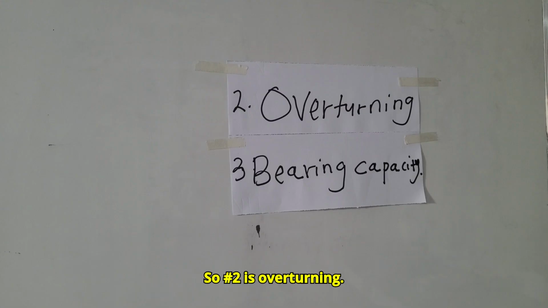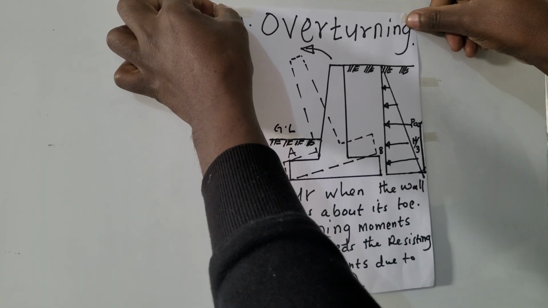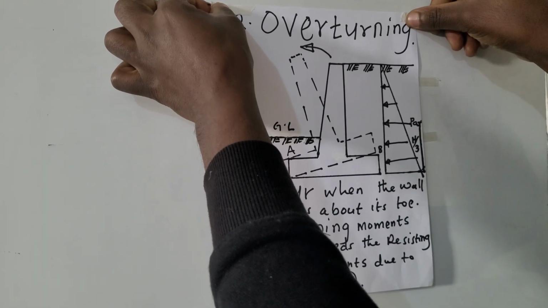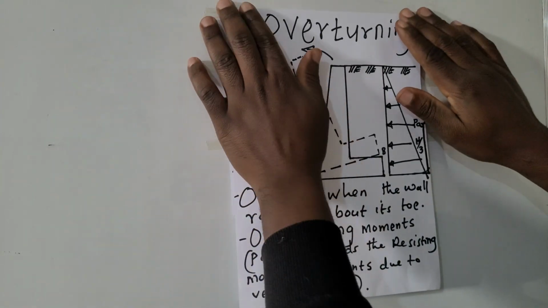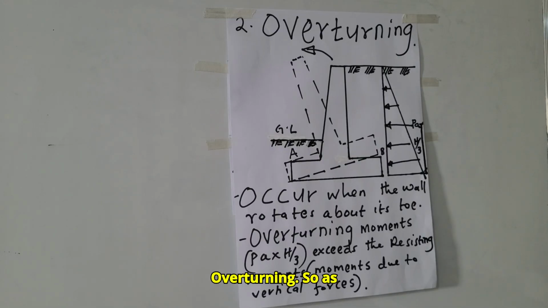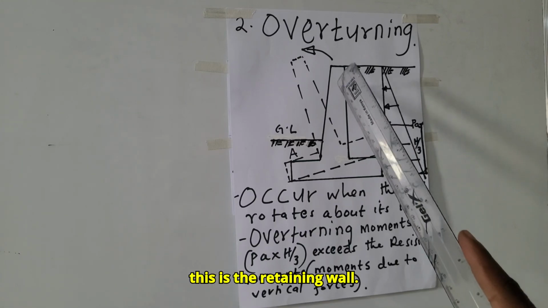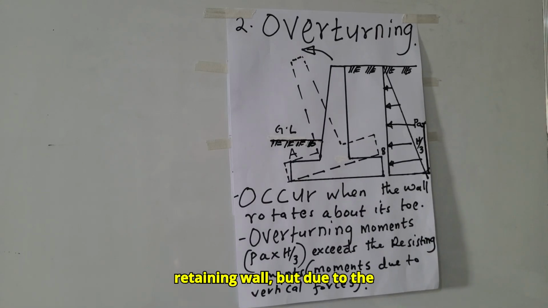We proceed to number 2, which is overturning. As you can see, this is the original position of the retaining wall.